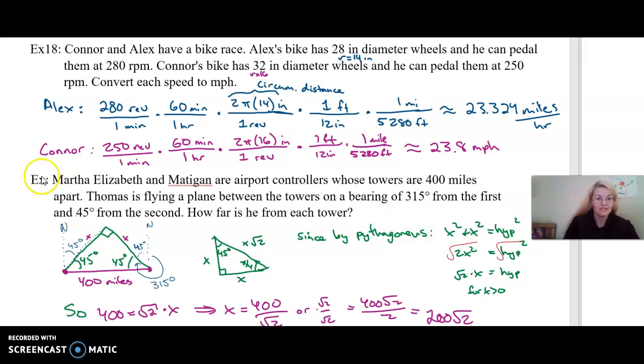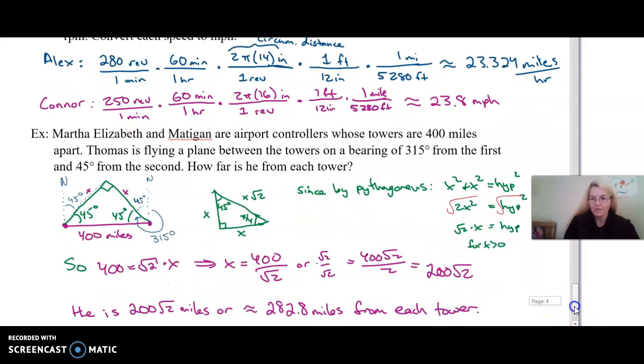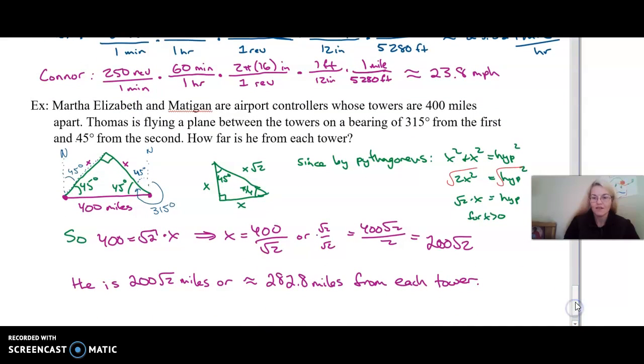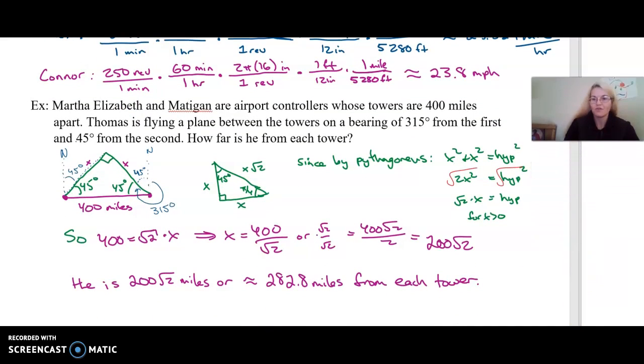And then the last example, example 19, which didn't get labeled, right? It's our airplane towers, only this time instead of a nice 30, 60, 90 triangle, I'm going to give you a 45, 45, 90 triangle. So, and how do we know that? They are 400 miles apart.